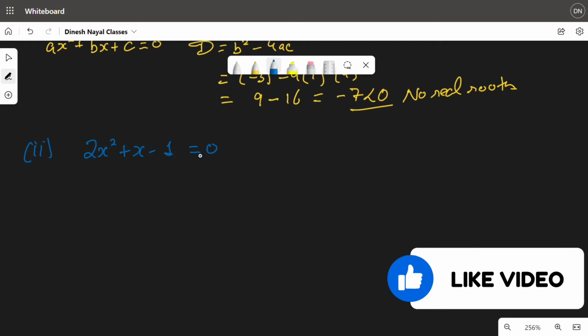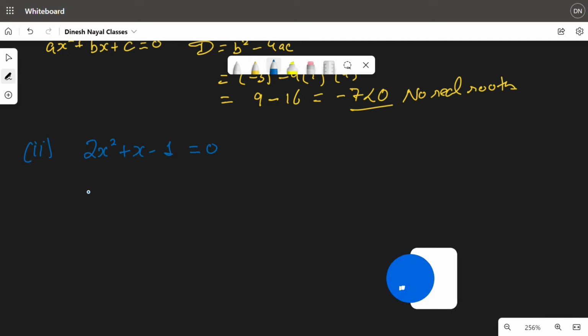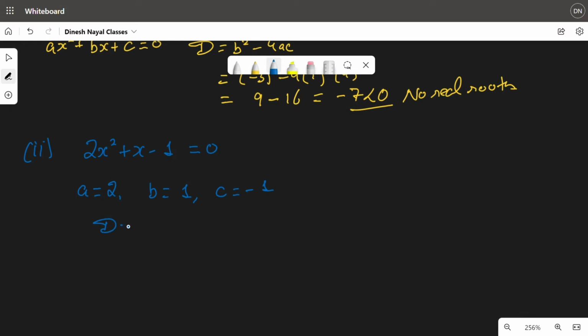Now again comparing it with the standard equation, ax square plus bx plus c equals 0, we get a as 2, b is 1 and c is minus 1. Now applying the formula, D equals b square minus 4ac.